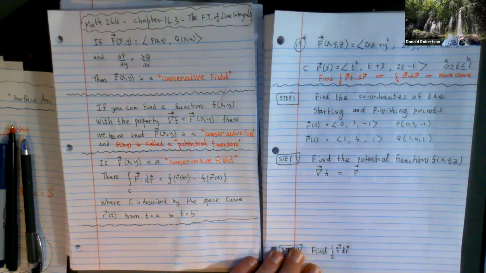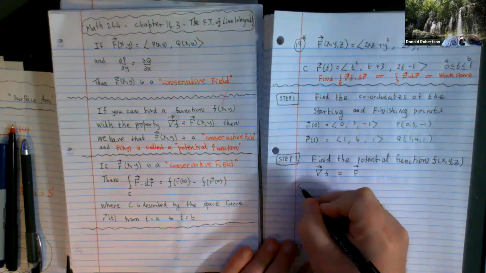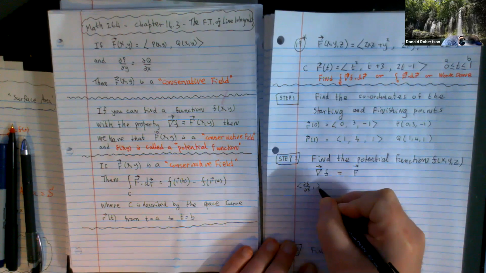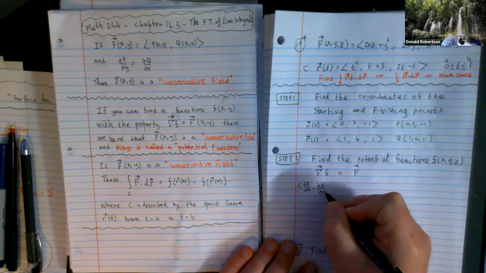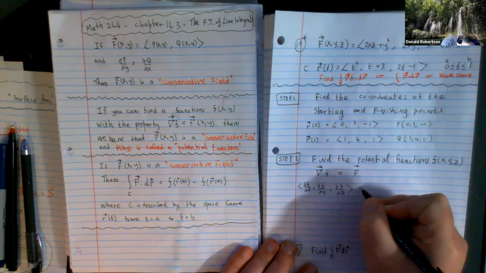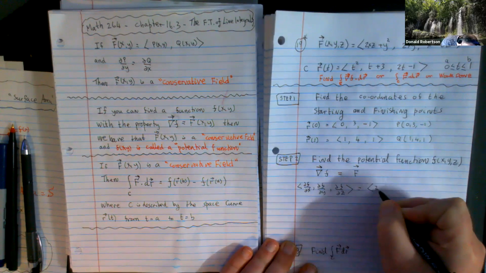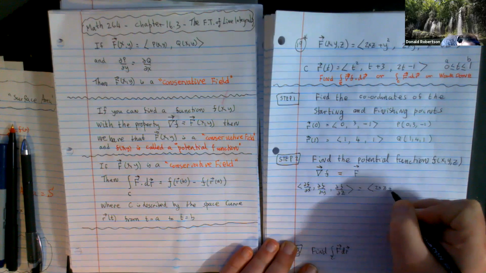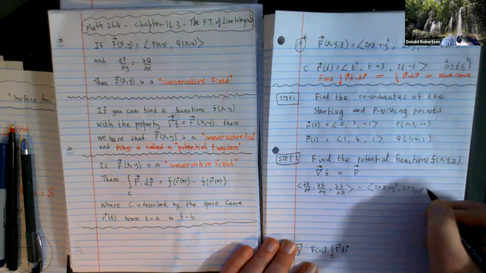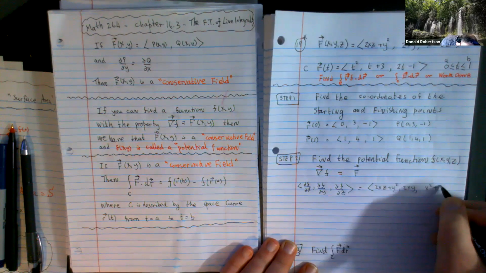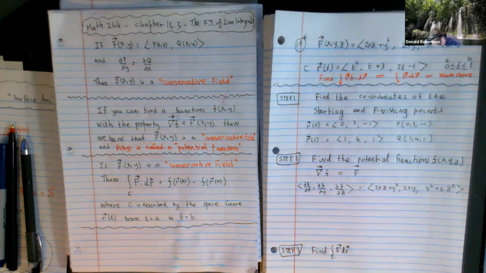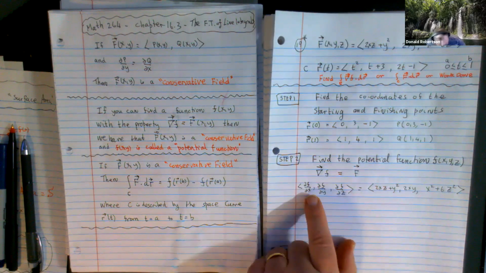And our gradient is df by dx, df by dy, df by dz, and it's going to equal 2xz plus y squared, 2xy, x squared plus 6z squared. So we're using this property to find out who little f is.